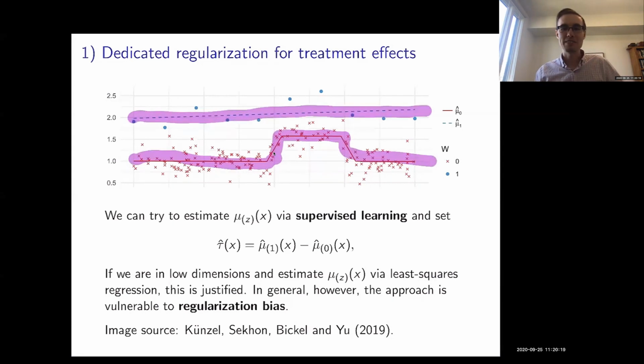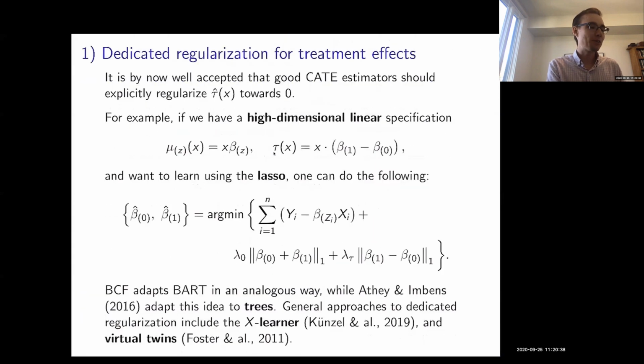When you take the difference of these two regression functions, you end up with something very unstable and complicated, even though the treatment effect itself was constant. And when the treatment effect is constant, any good method for treatment heterogeneity should absolutely say that the treatment effect is constant. So what can you do about it?